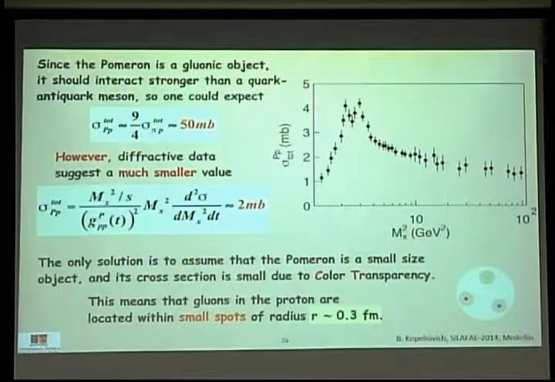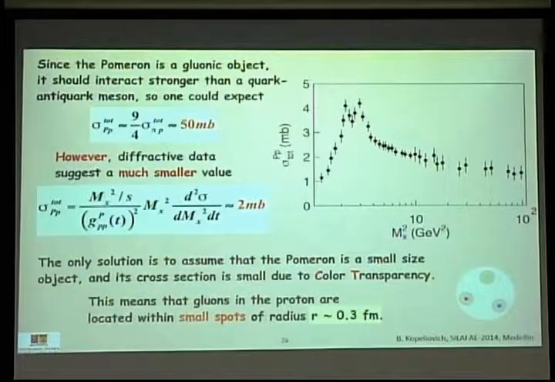And it goes along with models and calculations based on non-perturbative dynamics. First of all, calculations on the lattice of glue-glue correlation performed by the Pisa group found the correlation radius very small, 0.2, 0.3 Fermi. Also, instanton models give the same size, 0.3 Fermi. At this point, I'm not going to discuss where it comes from.